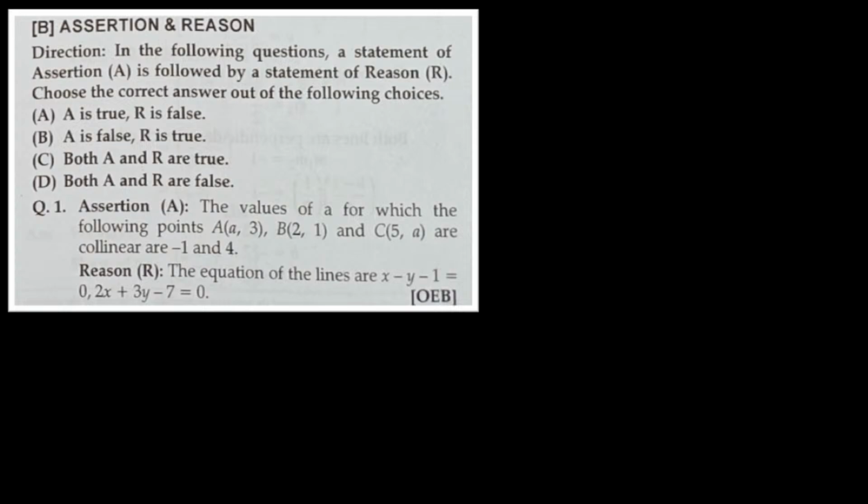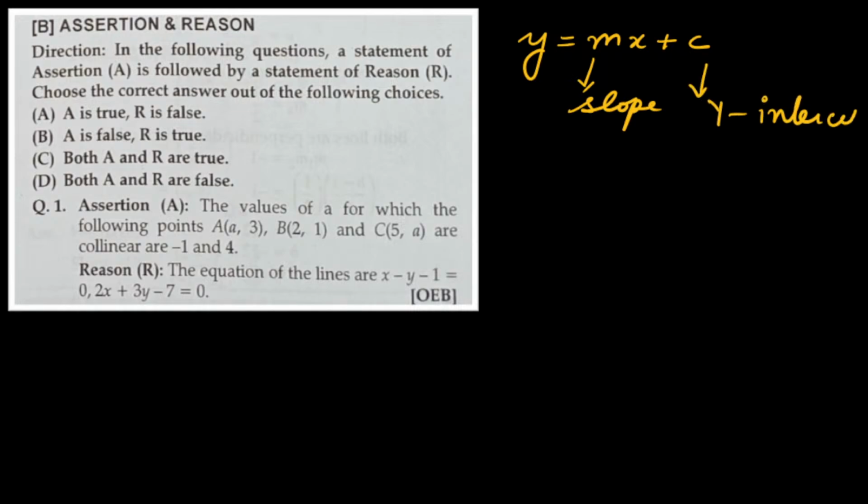So first question, you can see, in this chapter, whatever concepts we have learned, like section formula and midpoint formula, we should know those concepts. Along with that, a few forms of equations of lines are there which I discussed yesterday.